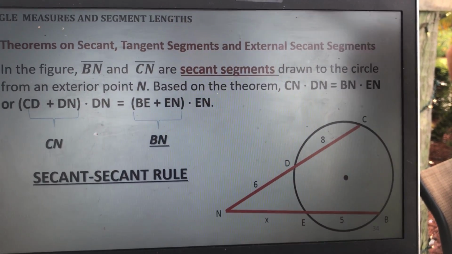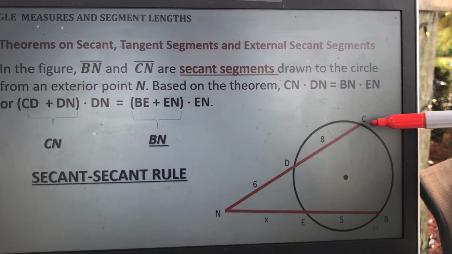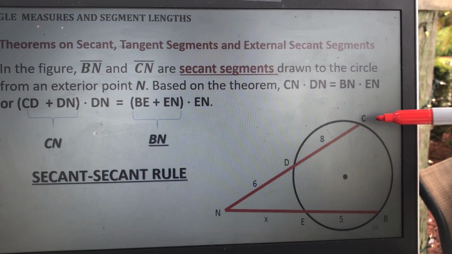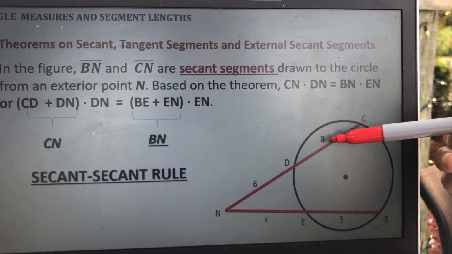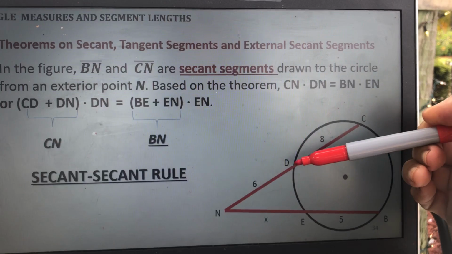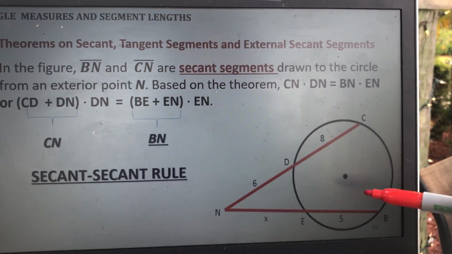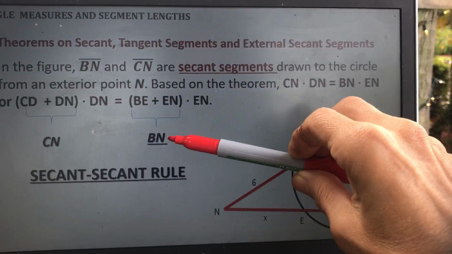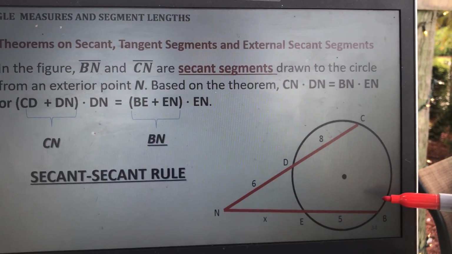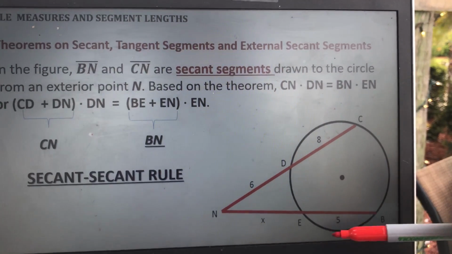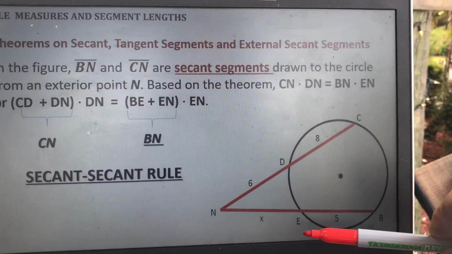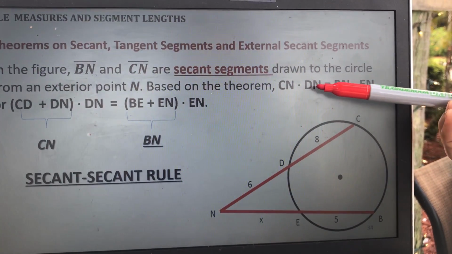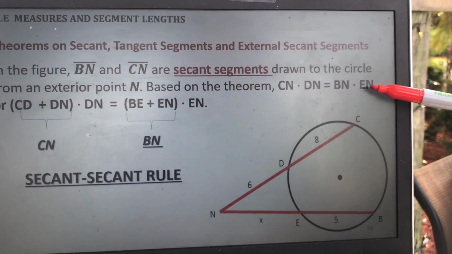So we also have to notice here that the distance from C to N is going to be equal to the sum of the distance from C to D, which is 8 in this case, plus the distance from D to N. Equally, the distance BN is going to be equal to the distance from B to E, which is 5, plus the distance from E to N. So here we can say that CN times DN equals BN times EN.